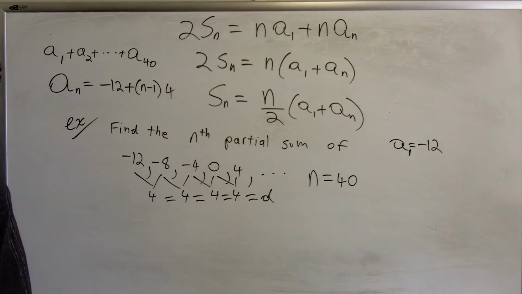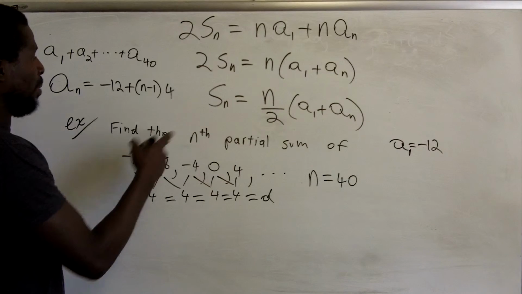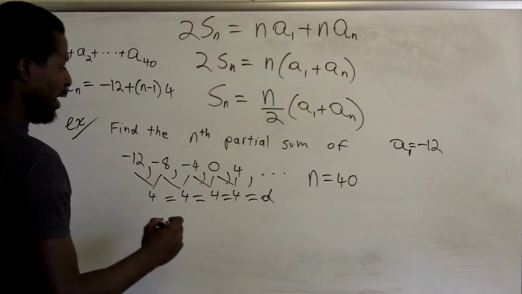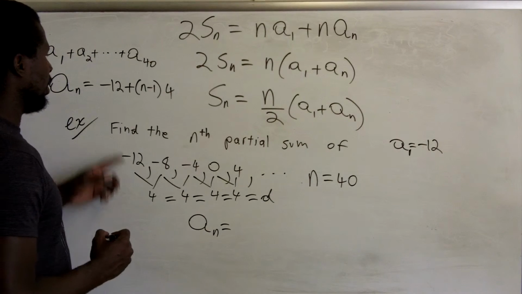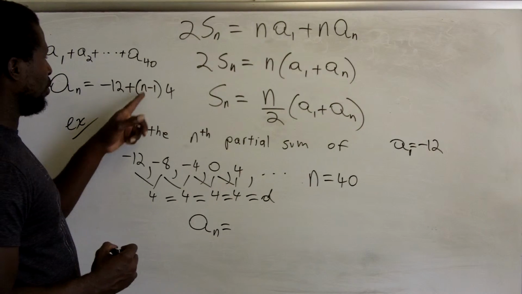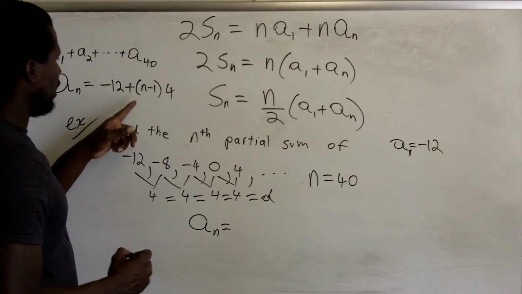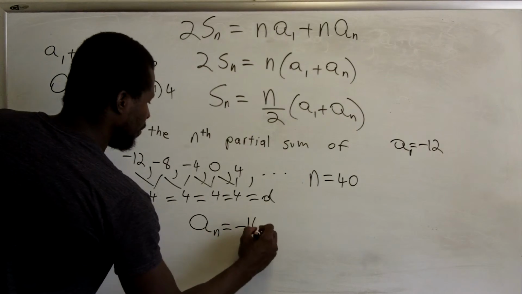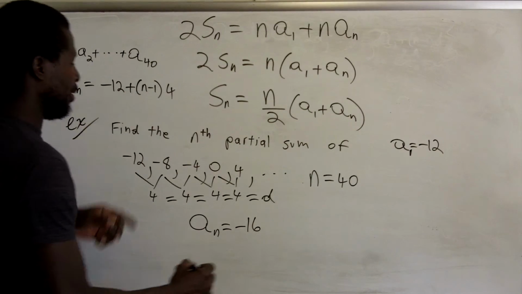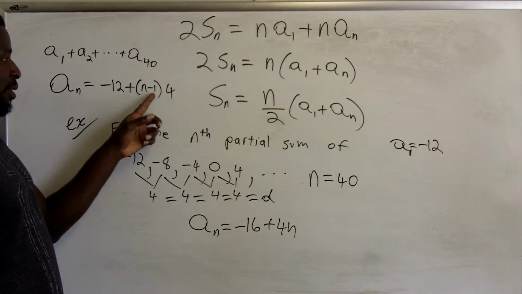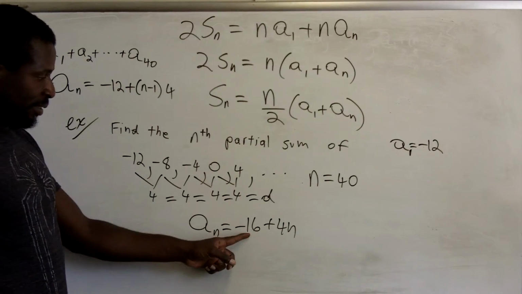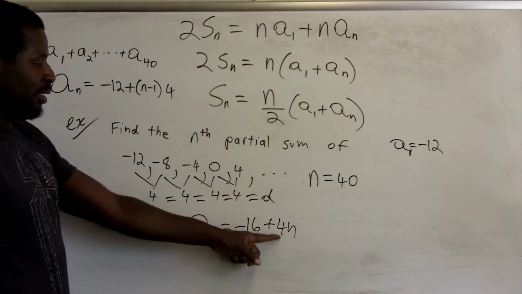You can simplify it to look like a linear function by distributing, and you would get an equals negative 16 plus 4n, because 4 times negative 1 is negative 4, minus 12 is negative 16, and then 4 times n is 4n.